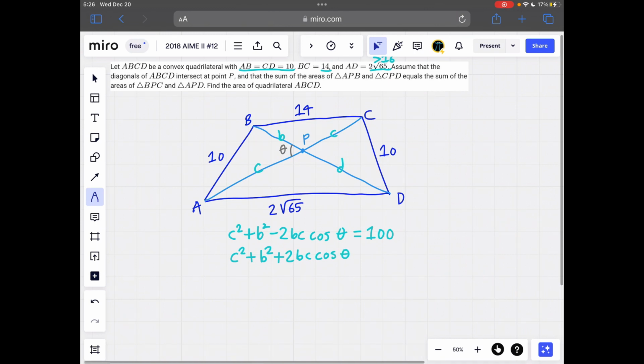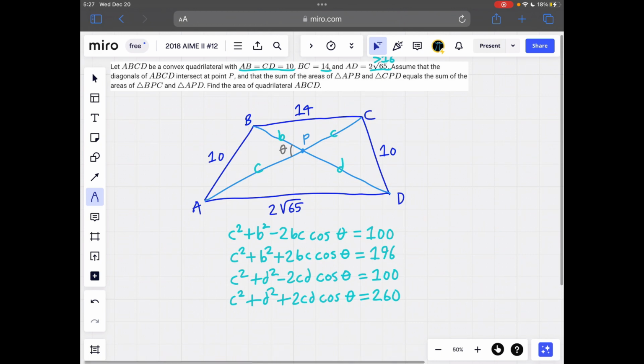It's equal to 14 squared, 196. On the other side, c squared plus d squared minus 2cd cosine theta equals 100. And in triangle APD, c squared plus d squared plus 2cd cosine theta equals 2 root 65 squared, which is 4 times 65, 260.